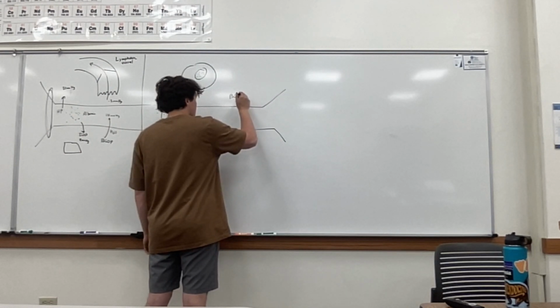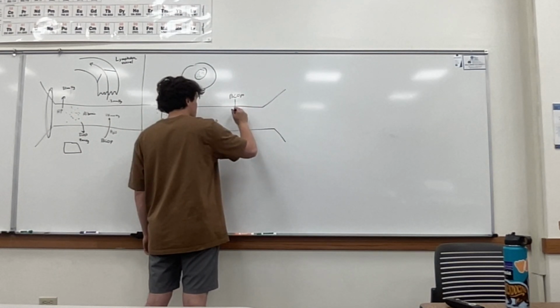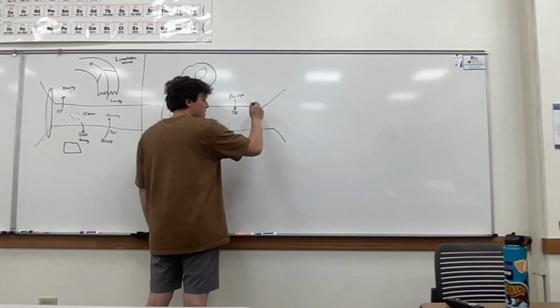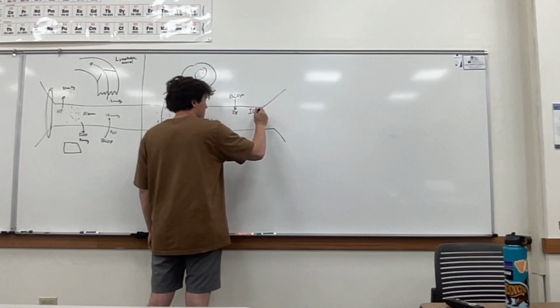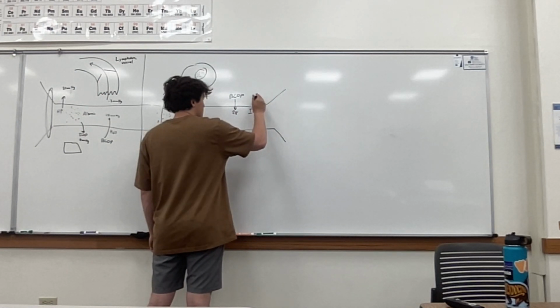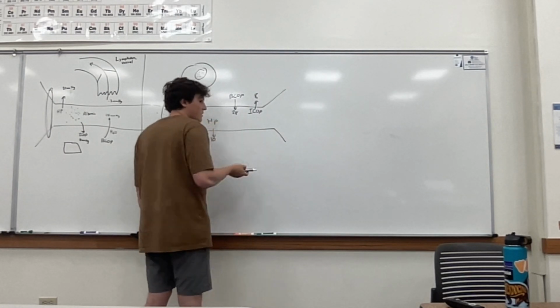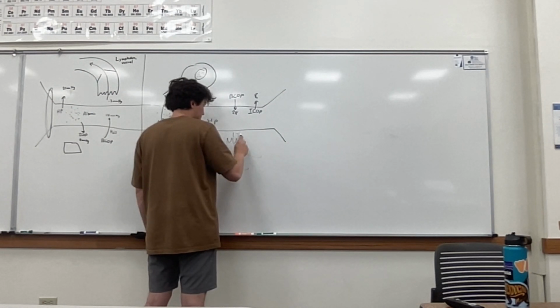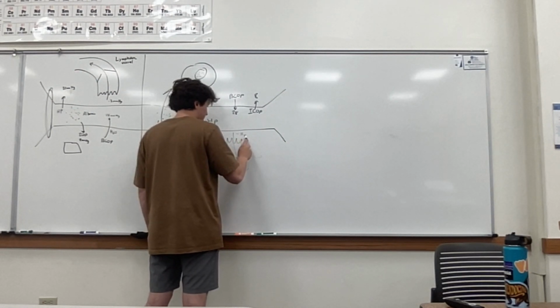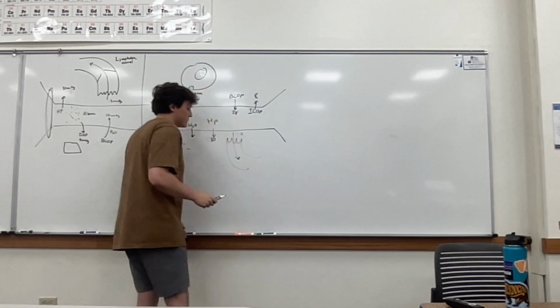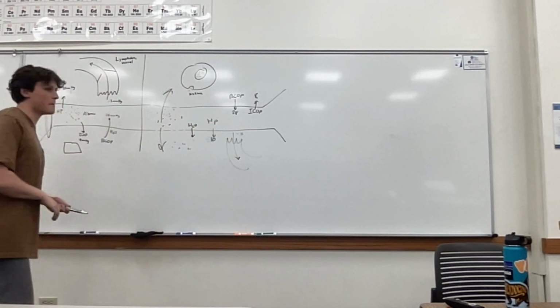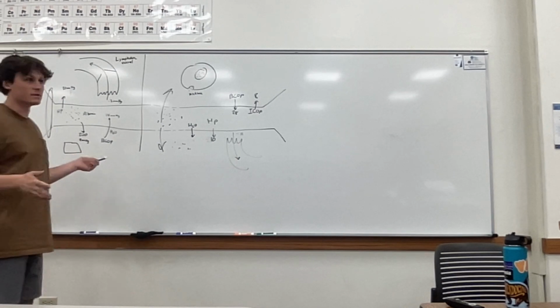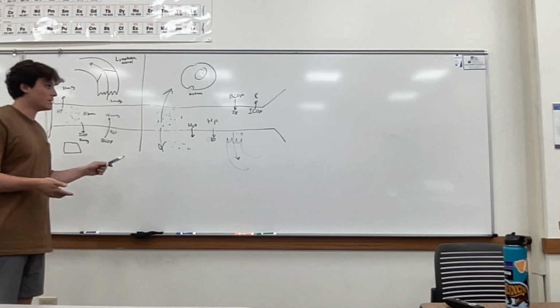Our BCOP is 28, but our ICOP is 8. And our lymphatic vessels, everything's about the same, but this is what happens when you have edema or something breaks in your vessels.